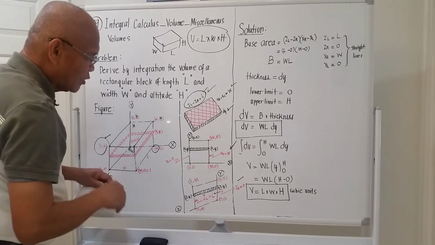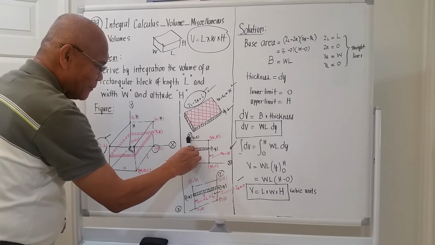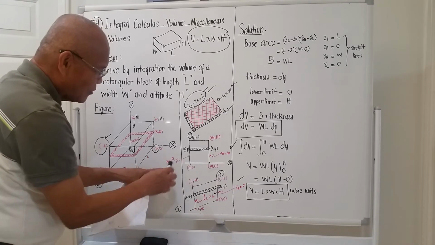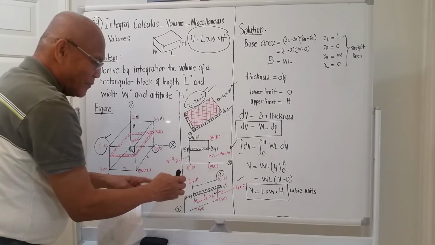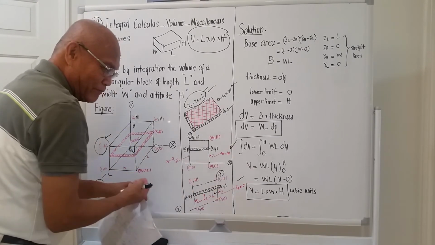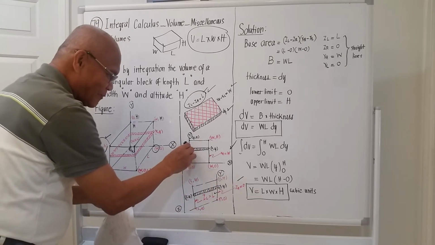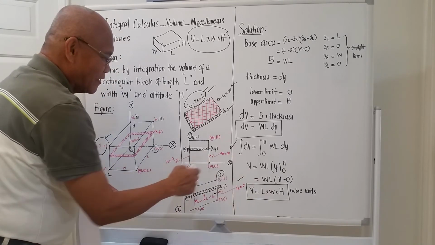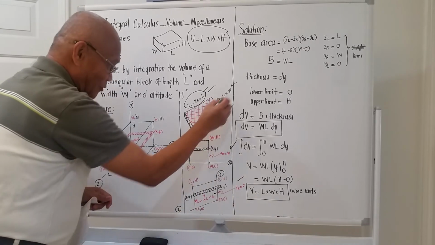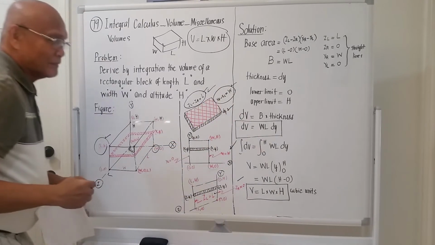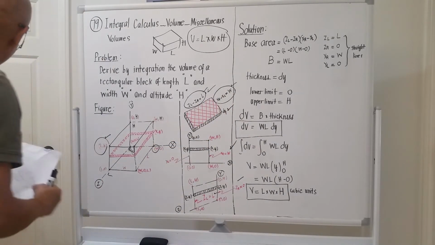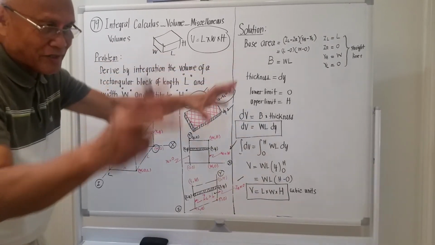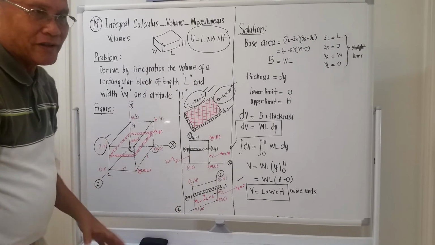And what is the equation of this vertical line here, the one on the left? It coincides with the y-axis. XL is equal to 0. The horizontal distance is actually 0. XR is equal to W. So the difference XR minus XL is W. For some other problems, these distances vary, but for a rectangle, they do not vary.